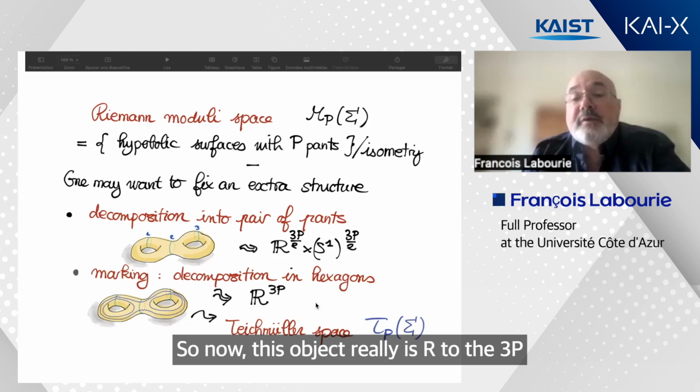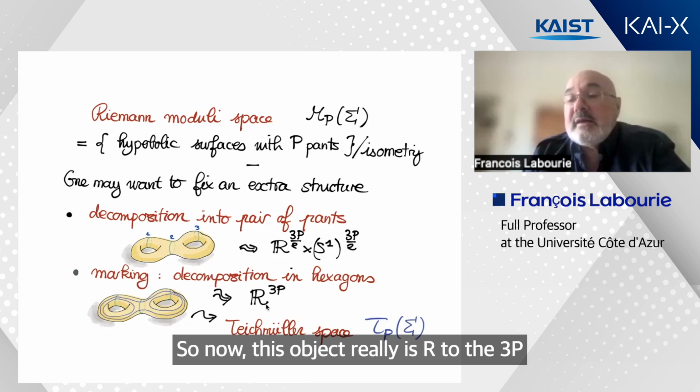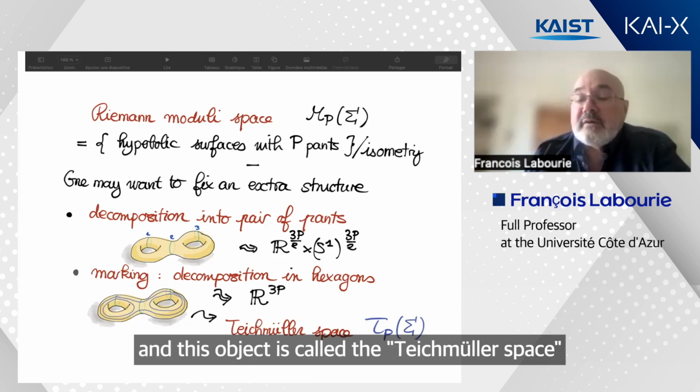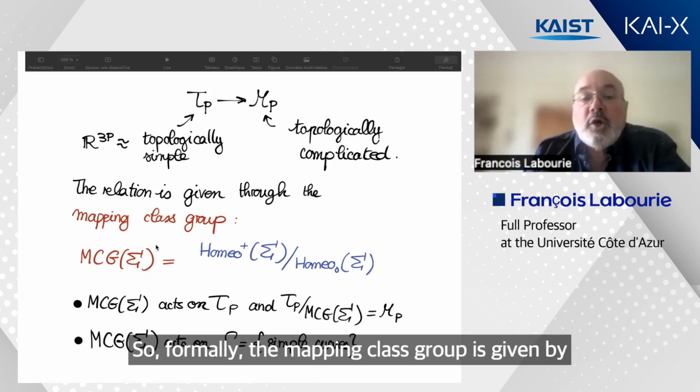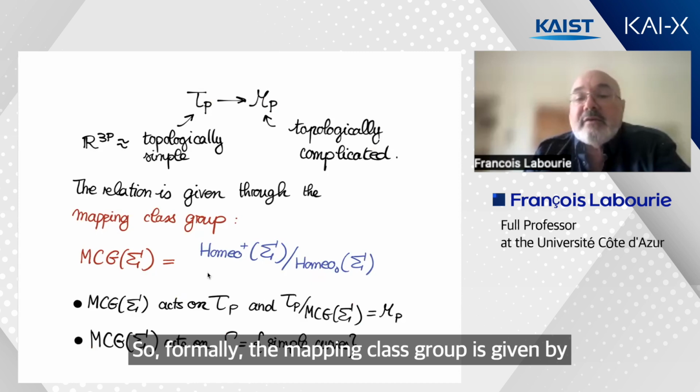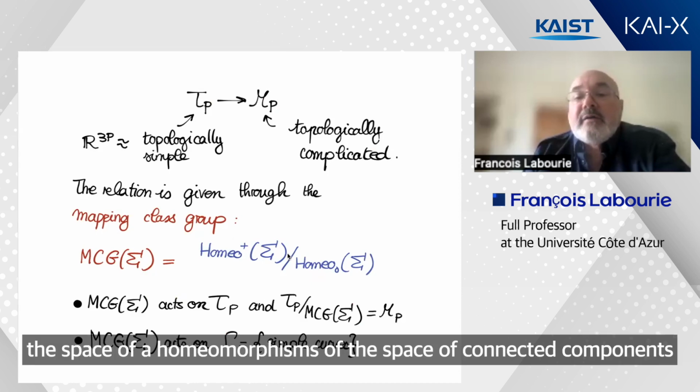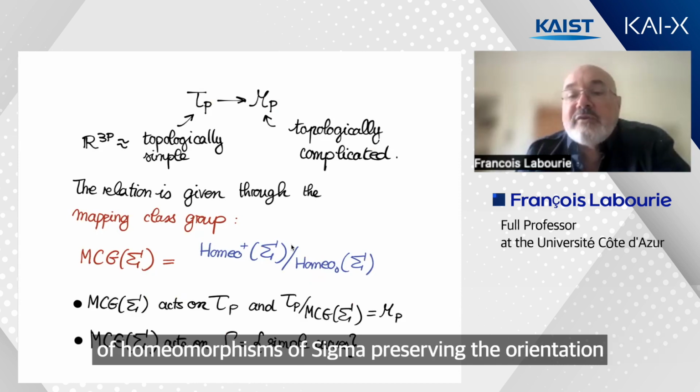So now this object really is R to the 3p, and this object is called Teichmuller space. And the relation between these two objects is given by the mapping class group. So formally, the mapping class group is the space of connected components of homeomorphisms of sigma preserving the orientation.